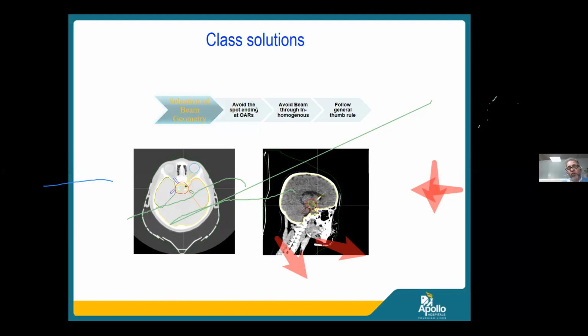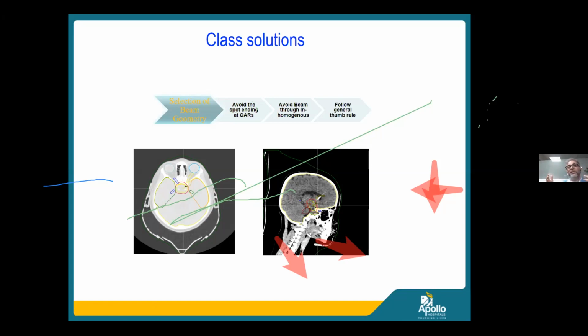You have to be very conscious that proton beam per se also introduces some uncertainty. And what are the uncertainties? Because it is a charged particle, any change in density, whether it is a bone or a little bit of mucus in the nasal cavity or in the sinuses, a little perturbation of the fluid, any metal as simple as a VP shunt, for example, a shunt tube or an extra-ventricular drain, can completely perturb the dose of proton because it is dependent upon the density, being a charged particle.